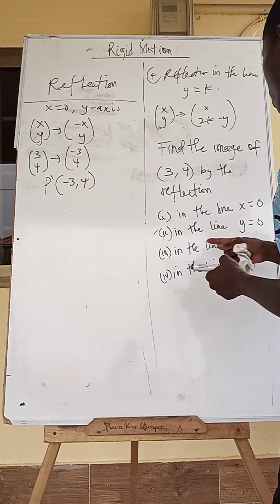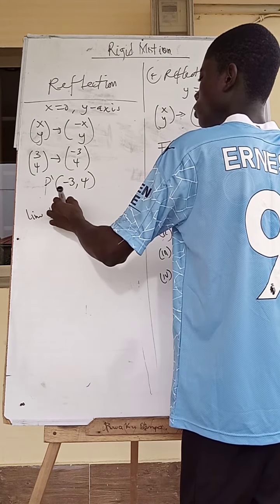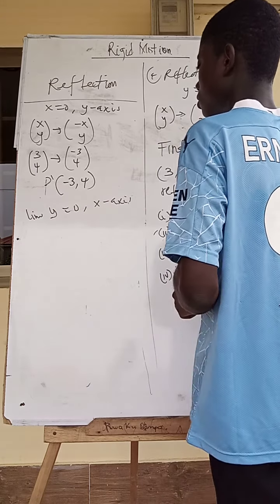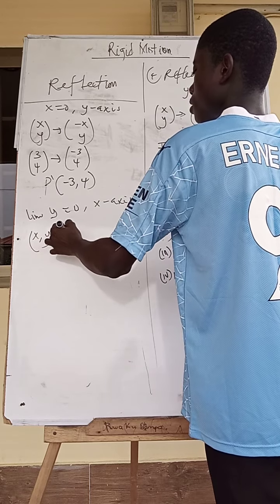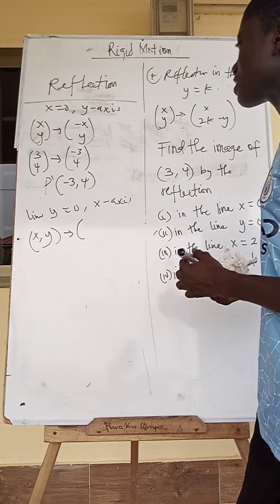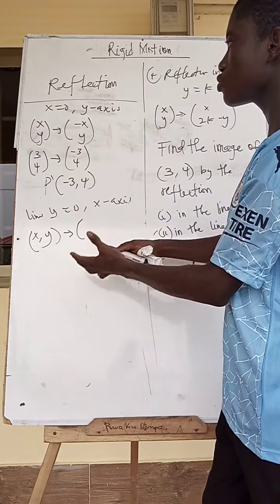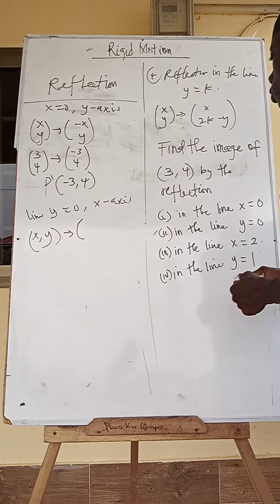The second one is a reflection in the line y equals 0. The line y equals 0 is the same as the x-axis. So here our (x, y) maps to, don't forget this is the same as this. I'm just changing the notation so that if you are writing exams and you use this method, it minimizes space, because the other one will consume a lot of your working area.